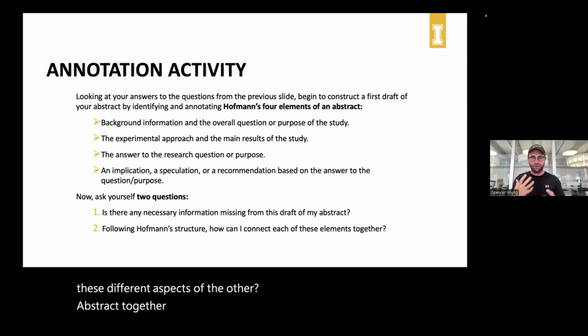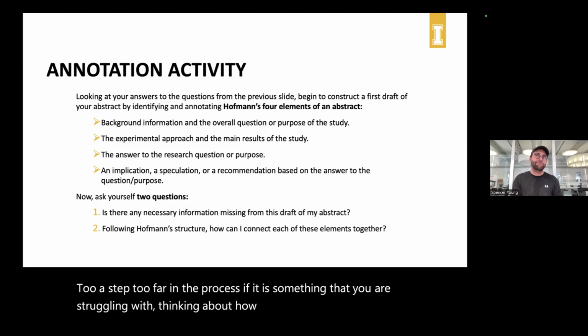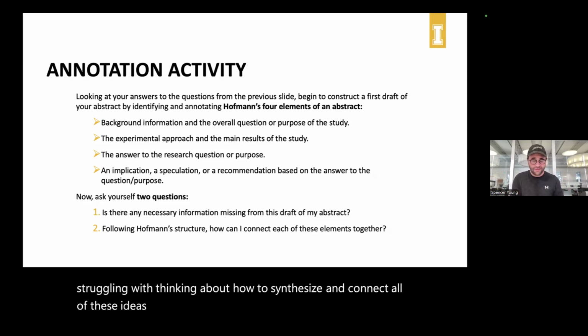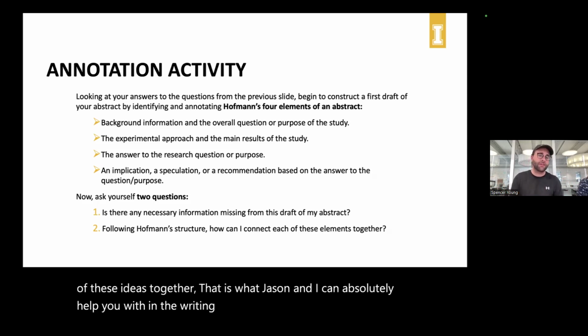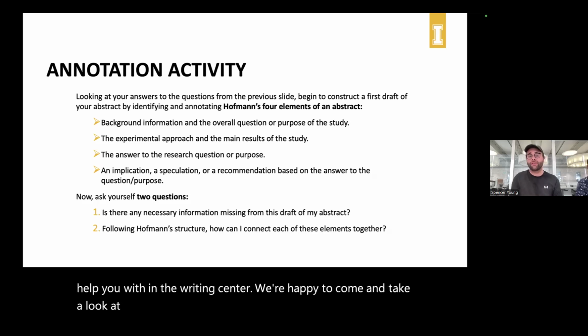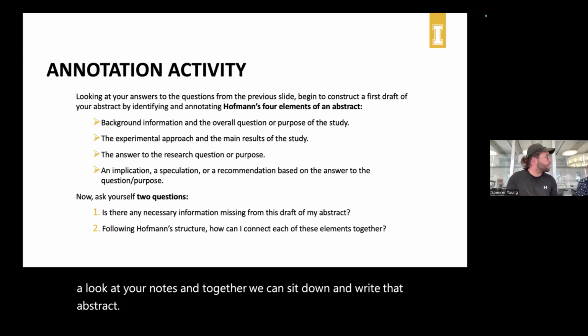Or does that feel like a step too far in the process? If it is something that you are struggling with, thinking about how to synthesize and connect all of these ideas together, that is what Jason and I can absolutely help you with in the Writing Center. We're happy to come and take a look at your notes, and together we can sit down and write that abstract.